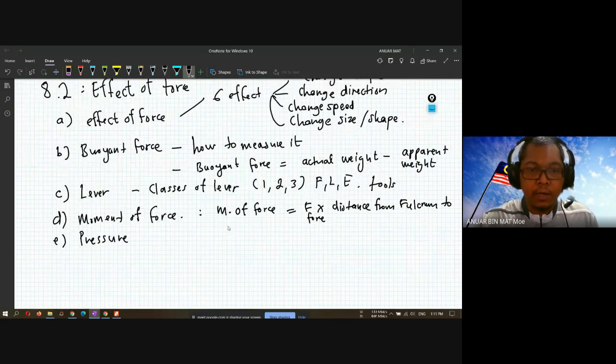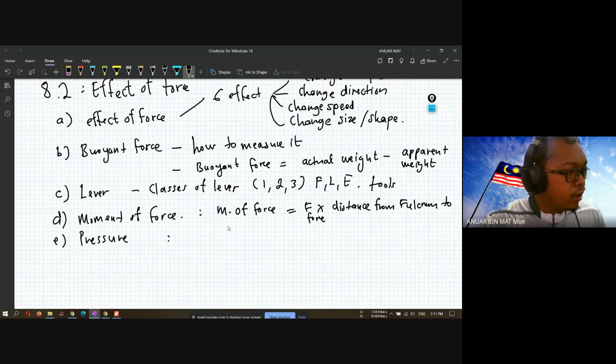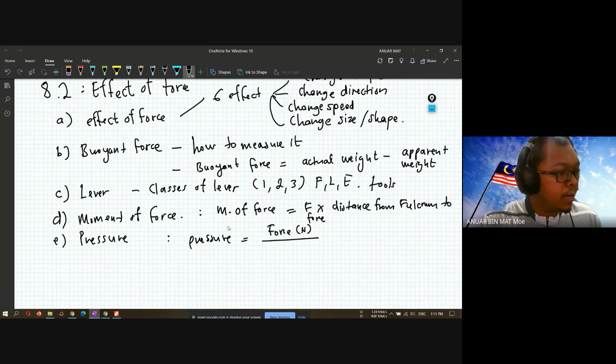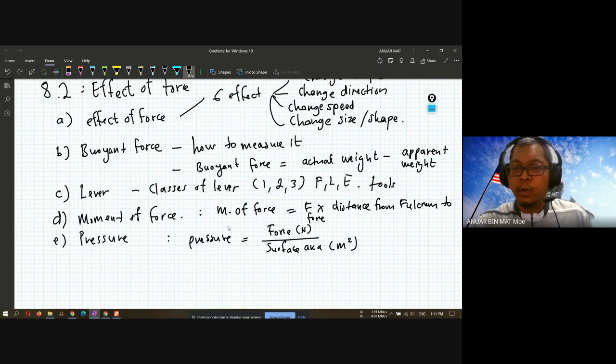All right. So what is the formula for pressure? Well, Dylan, the pressure formula is force in Newton divided by surface area in meter square.